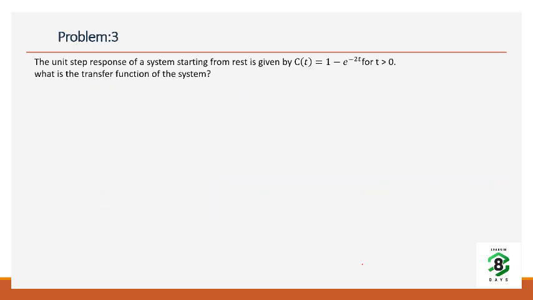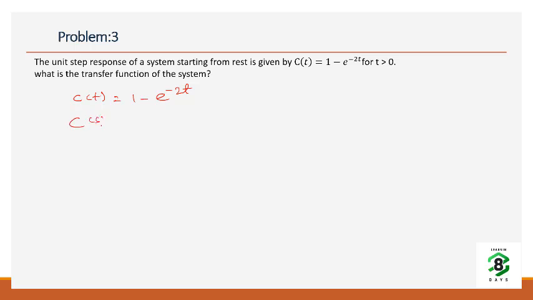The third problem. Third problem says the step response of a system is given as Ct is equal to 1 minus e to the power minus 2t. What is the transfer function of the system? So again, the output of the system is given in time domain as 1 minus e to the power minus 2t. We need to find out the output in Laplace domain first.